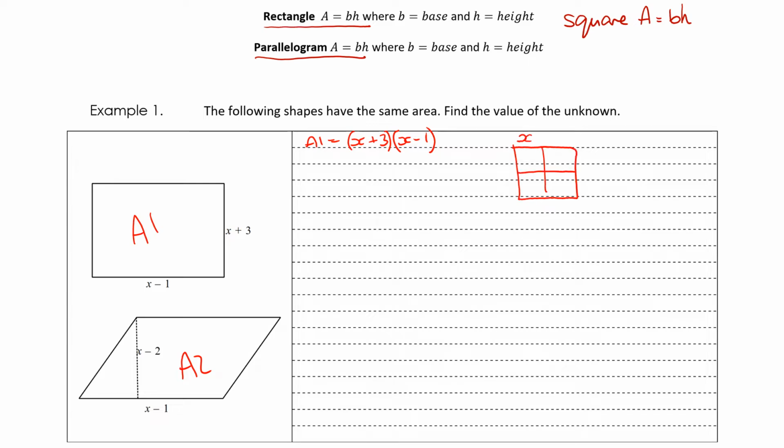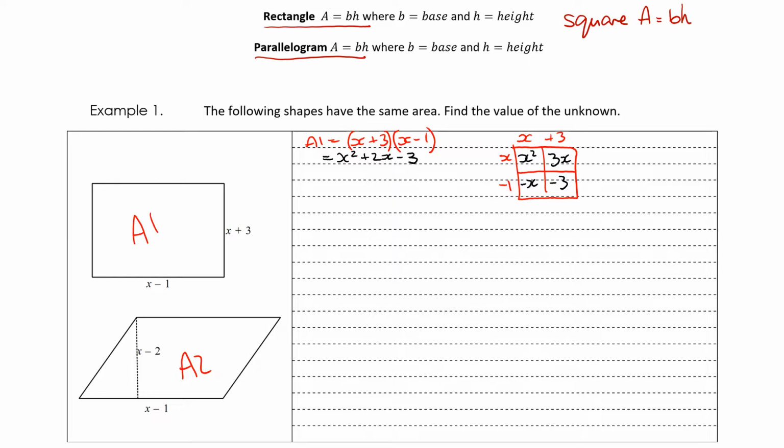We have x plus 3, x minus 1. X times x is x squared. X times 3 is 3x. X times negative 1 is negative x. And negative 1 times 3 is negative 3. So area 1 is going to be x squared, 3x, take away 1x. It's going to be x squared plus 2x minus 3.